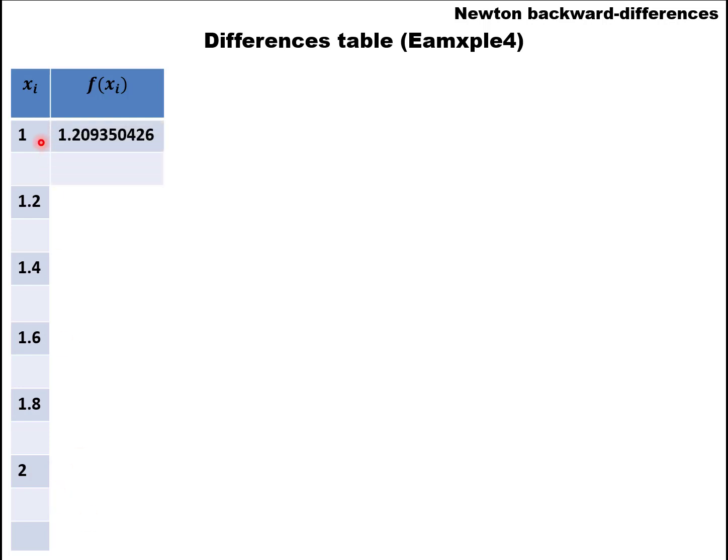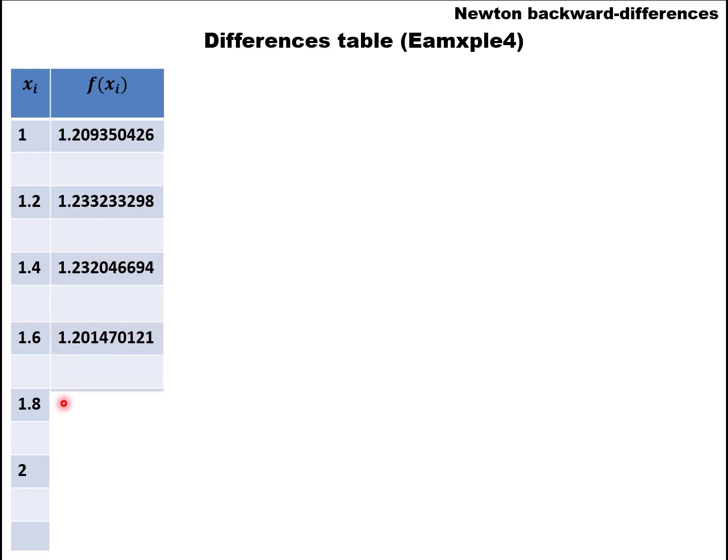The value at 1 is given by this value, 1.20935046. The value at 1.2 is given by this value, then at 1.4, at 1.6, at 1.8, and at 2. Again, keep your calculator in radian mode if you are using a calculator.